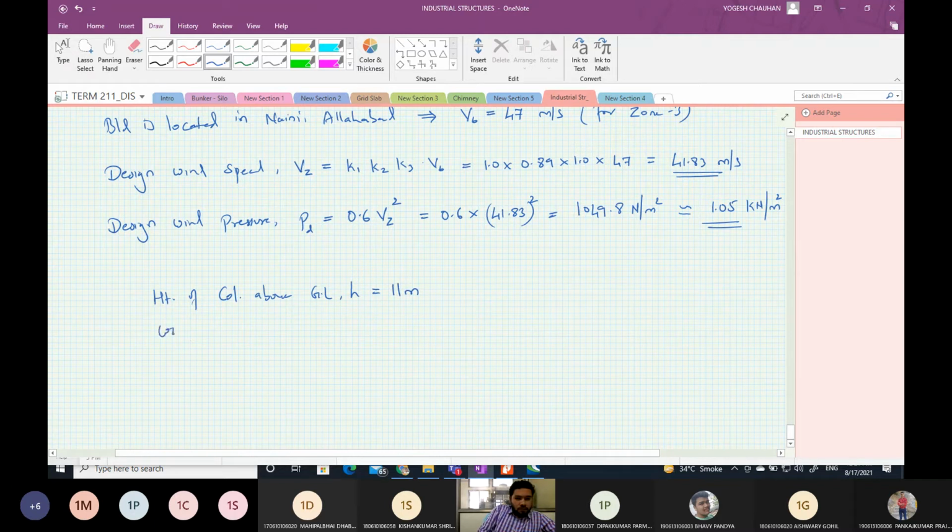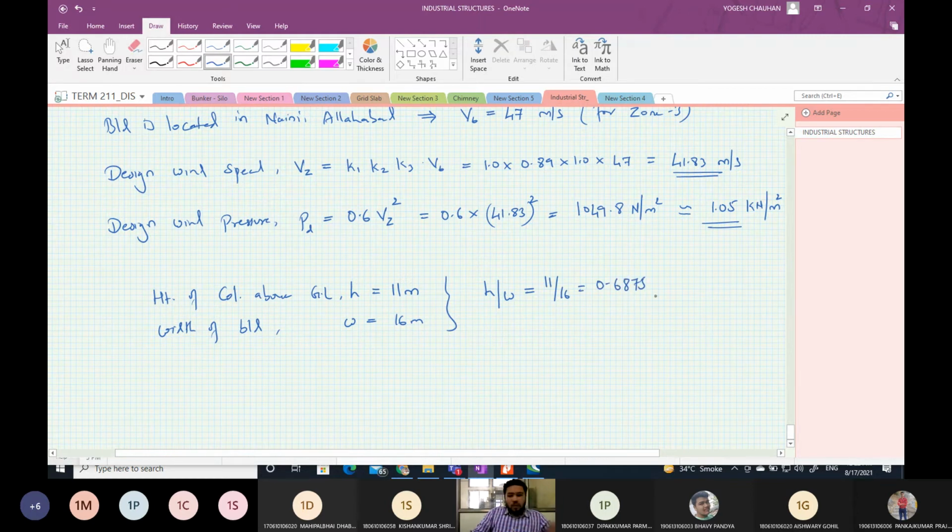And width of building W is 16 meter. So your H by W ratio is 11 by 16, that is 0.6875.